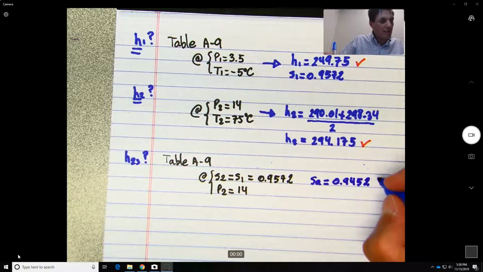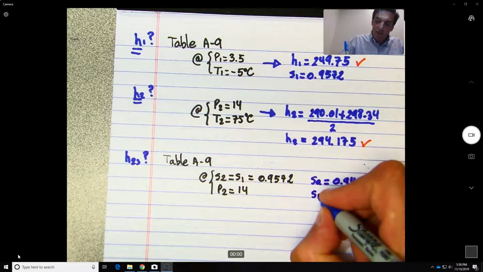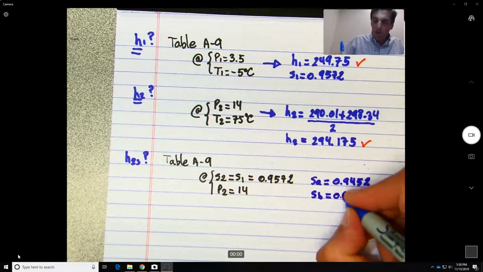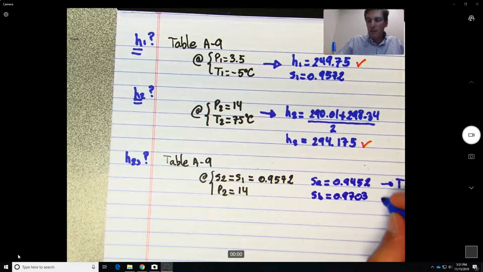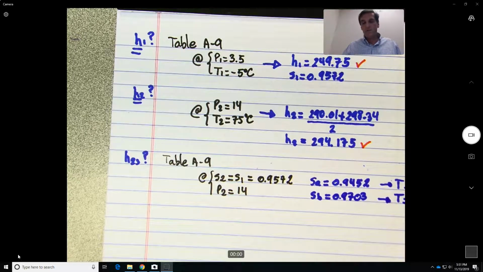That's at T equals 60 degrees. And let me call this one S sub B, will be 0.9703, and this is at T equal to 70 degrees.